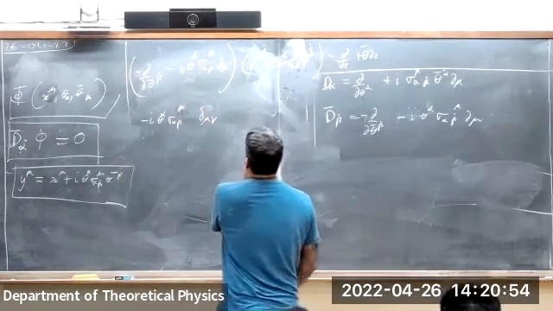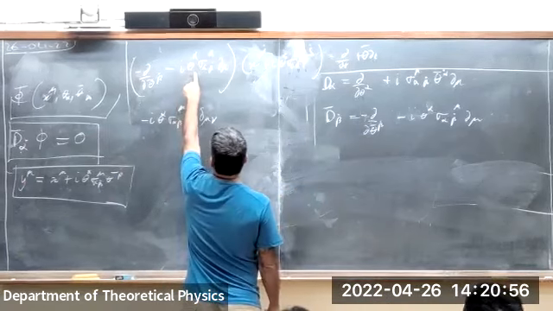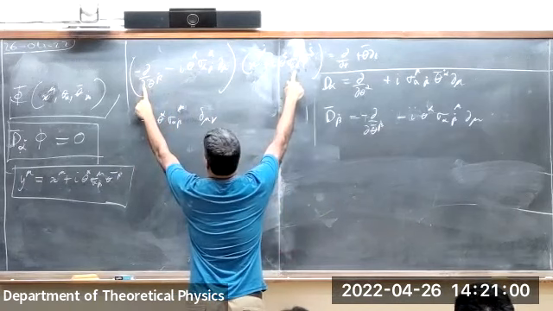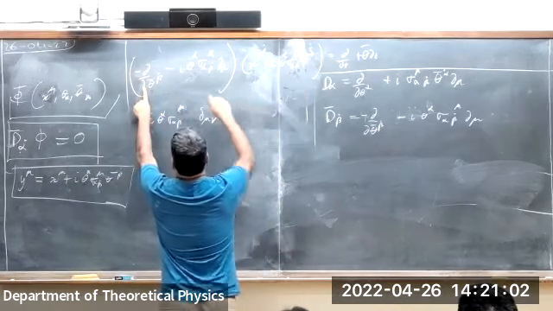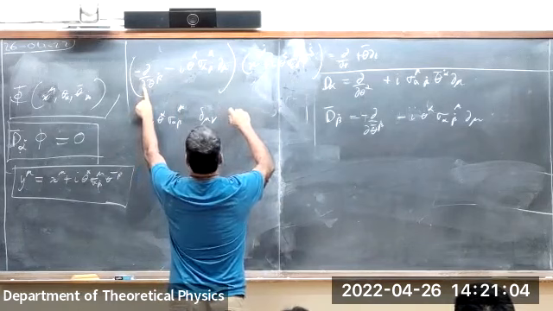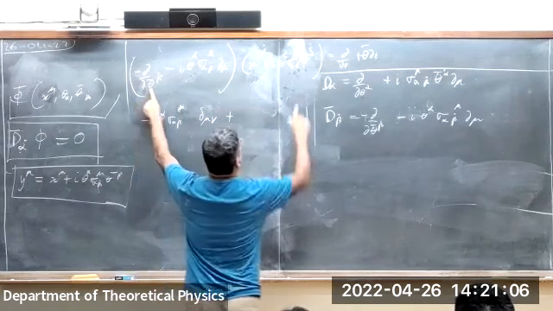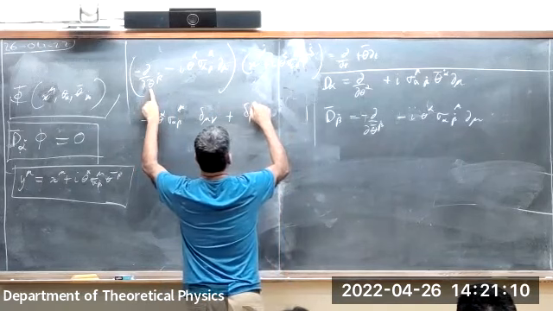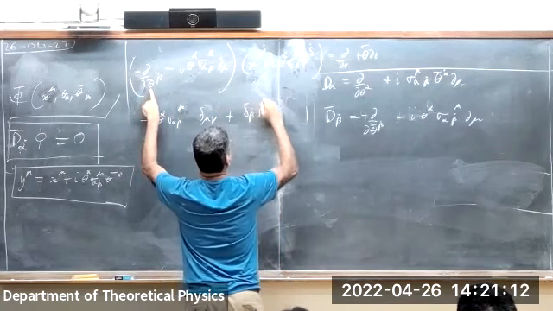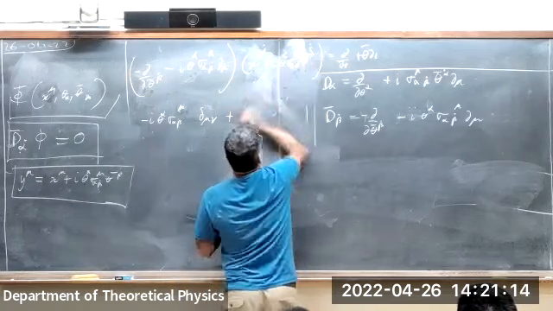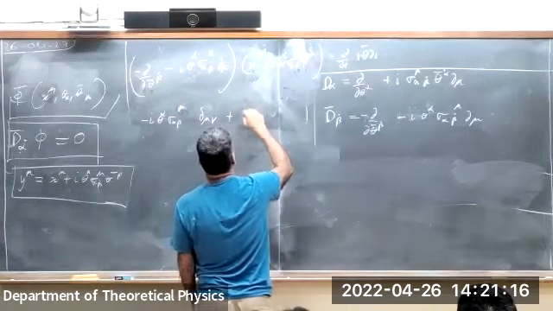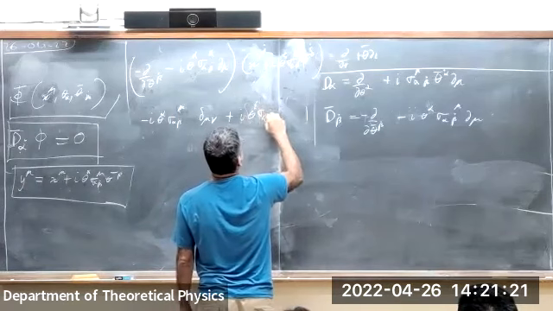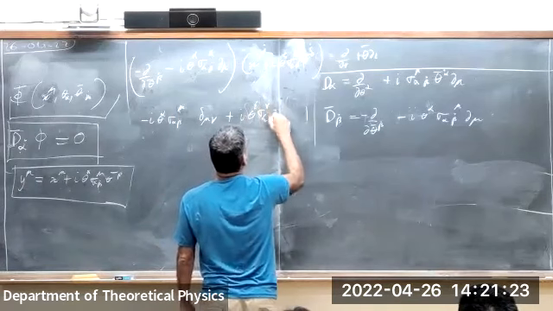This fellow hitting this guy gives us a plus sign and a delta beta dot, plus i zeta nu beta dot.